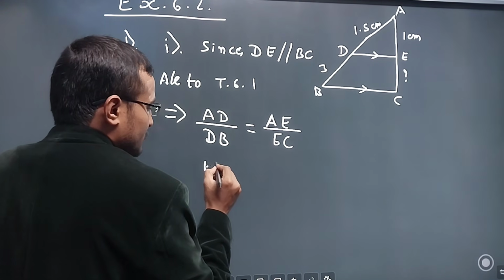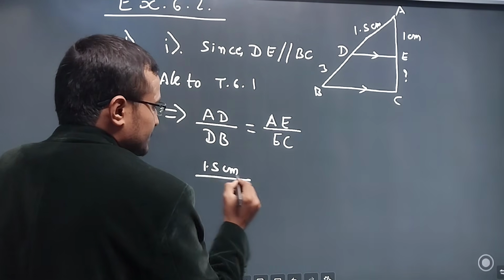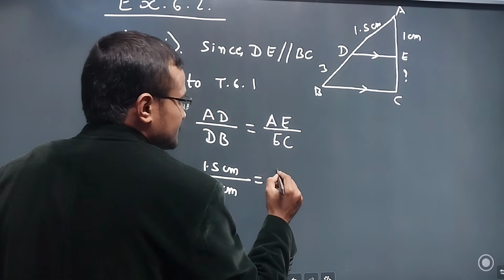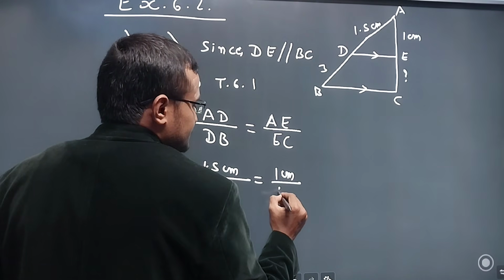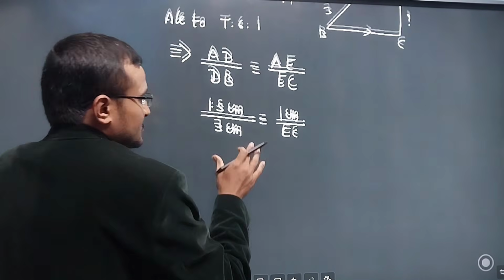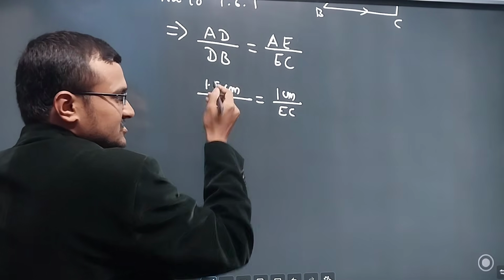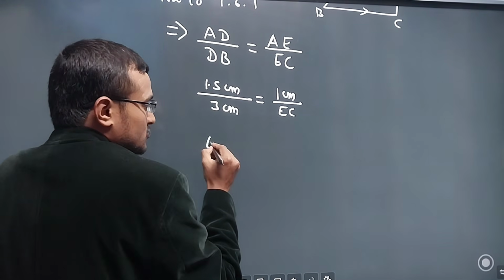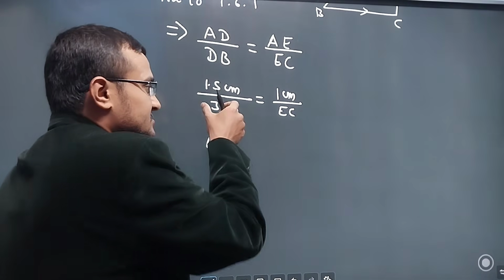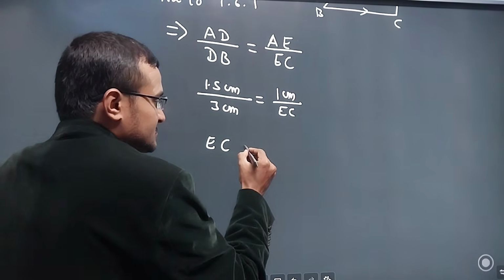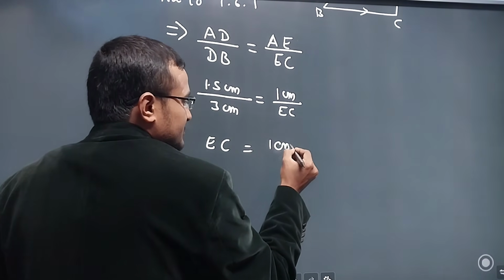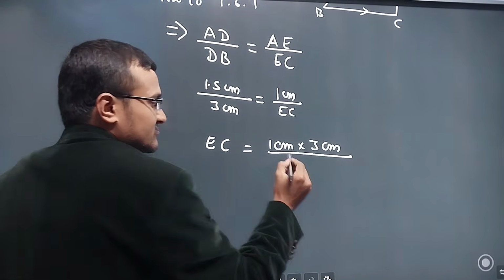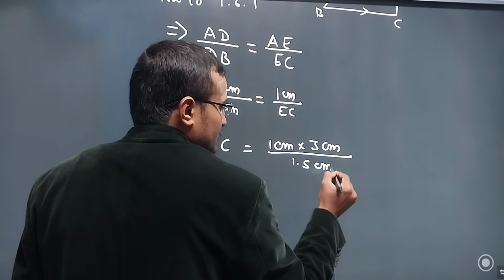AD is 1.5 centimeter divided by DB is 3 centimeter is equal to AE is 1 centimeter divided by EC, which we don't know. Now we can bring EC to the LHS. When you bring EC to the LHS, it goes to the numerator. The 3 centimeter, when brought to the RHS, goes to the numerator, and the 1.5 centimeter comes to the denominator. So it is divided by 1.5 centimeter.